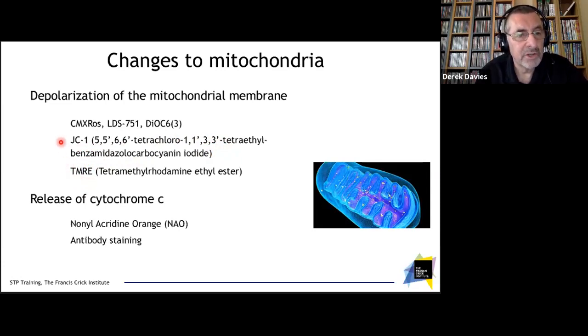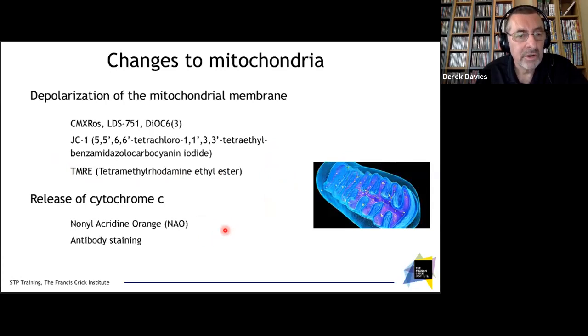I know that JC1, for example, I'm always going to be exciting with a blue laser, and I'm going to be detecting green and orange fluorescence. So that's an important thing to know, again, as it always is with any of our fluorochromes. And with these probes, we are more fixed with that. We can't necessarily change that. I'll come back to these in a second.